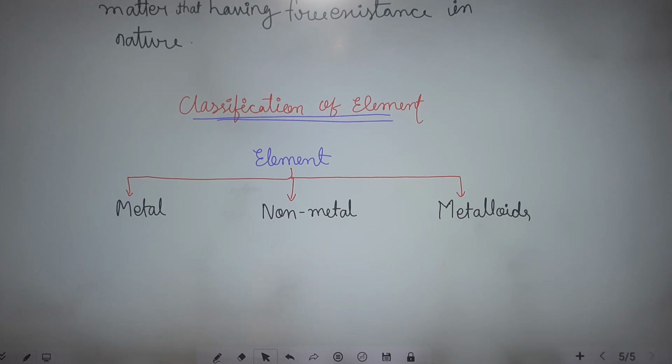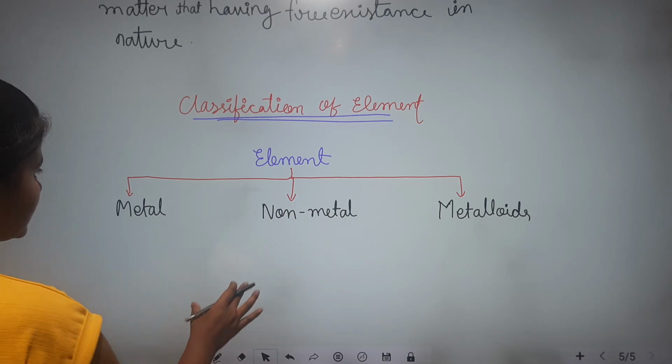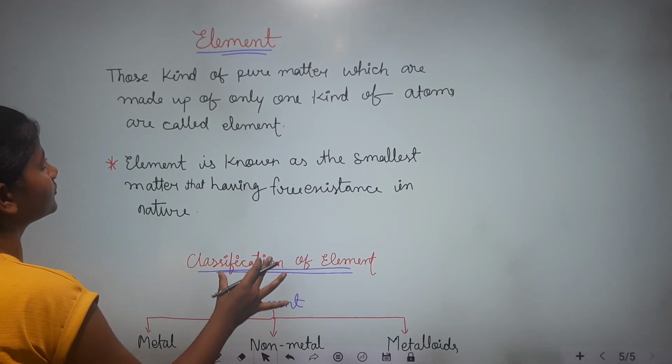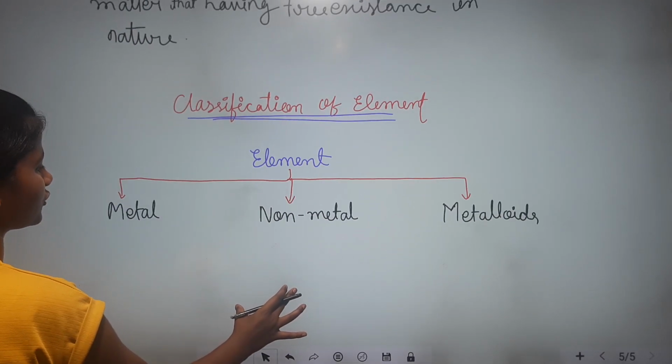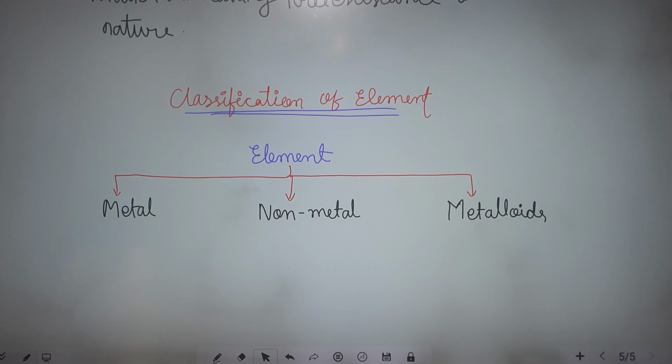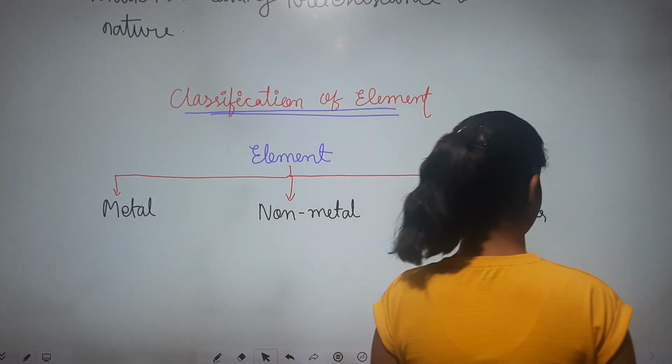So I hope you understand here about element, and these are the three classifications of element. One by one let's discuss. First one is metal. Let's see what is metal.